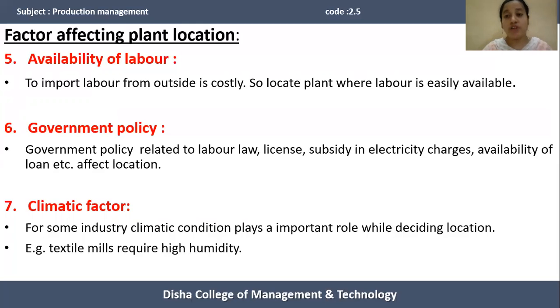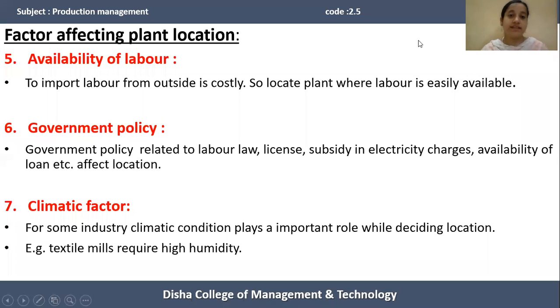If they import labor from outside, generally this type of labor charges high wages, and the firm's labor cost also increases. If the firm's labor cost increases, that ultimately leads to an increase in cost of production. So for minimizing the cost of production, the firm has to identify a location where low labor rates prevail, and where labor is available easily.